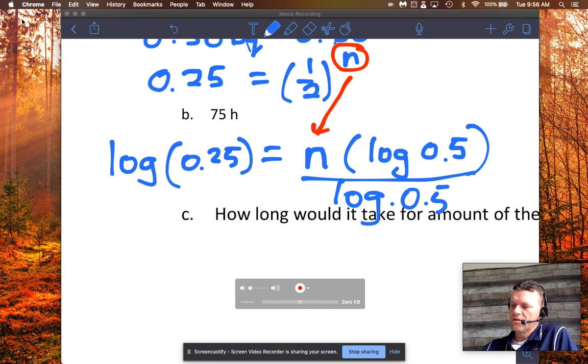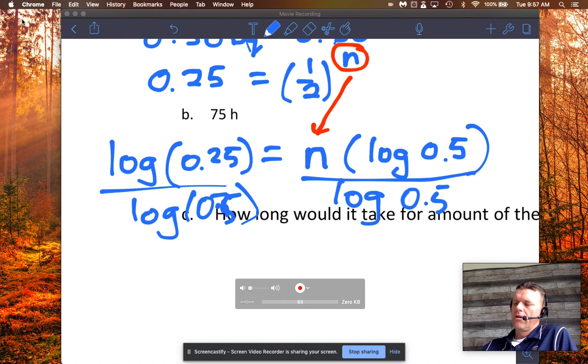Sorry, just the log of 0.5, not the log times 0.5. And then you do that on the other side as well. Now, that will then leave you with n.